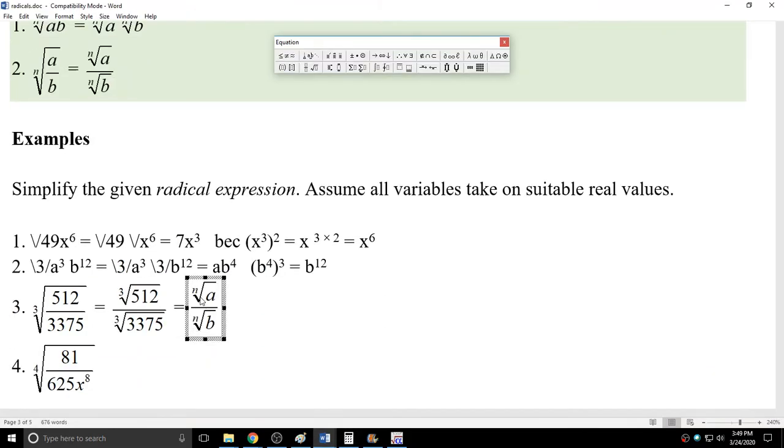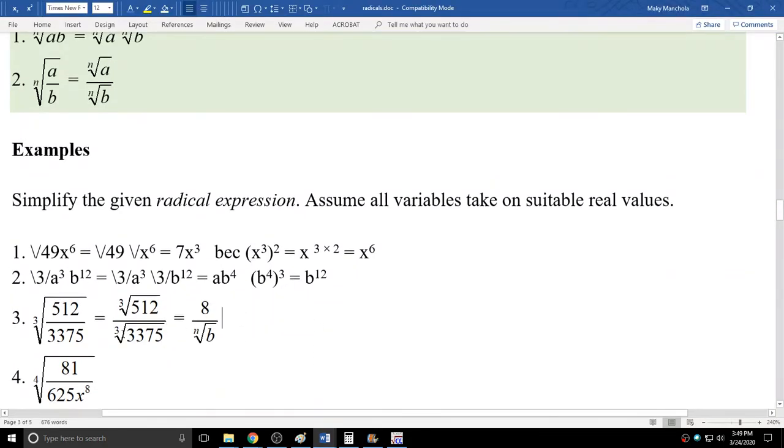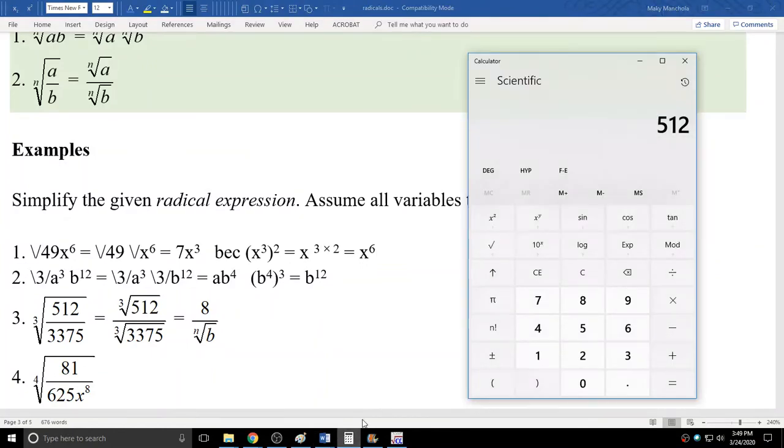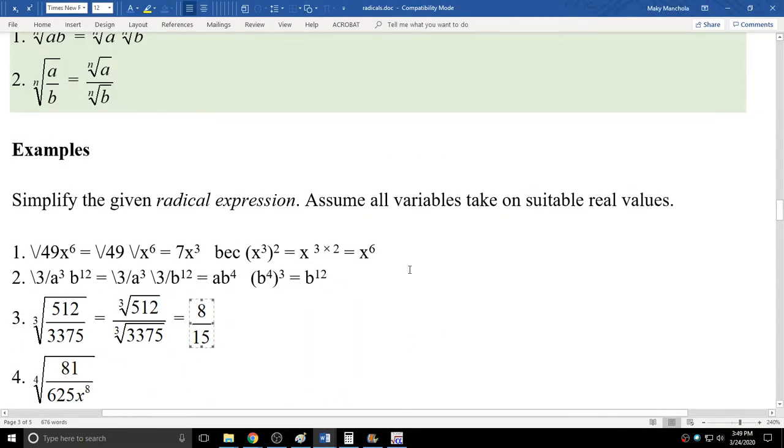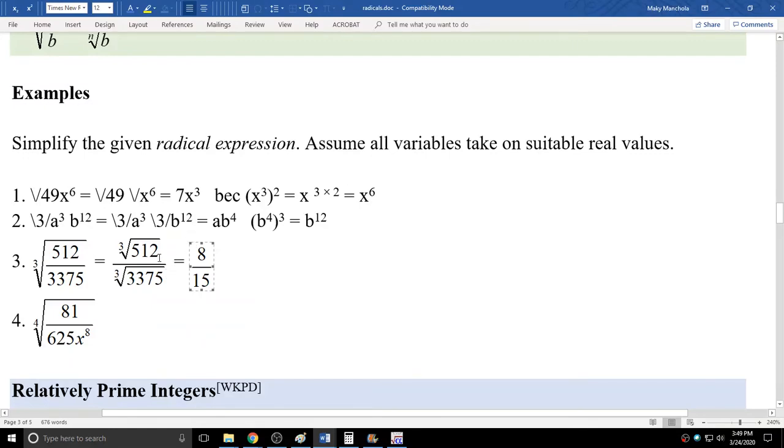The numerator is 8. And now let's think about what you would raise to the 3rd power to get 3,375. Let's try something like 15 to the 3rd power. Very lucky. It's 15. Of course, I know the answers. So there's your result.